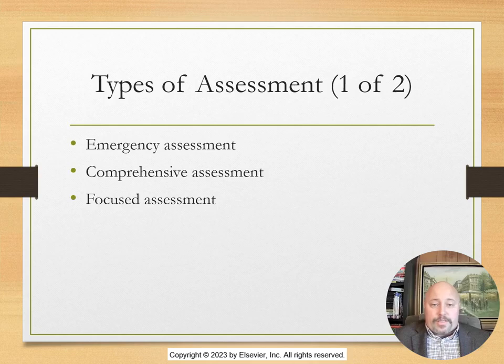And then the focused assessment: following our comprehensive assessment, we've assessed every aspect of this patient, and we're now focusing in on the patient's problems. It's an abbreviated health history and exam, used to evaluate the status of a previously identified problem, monitor for signs and symptoms of new problems, and any changes in this issue.